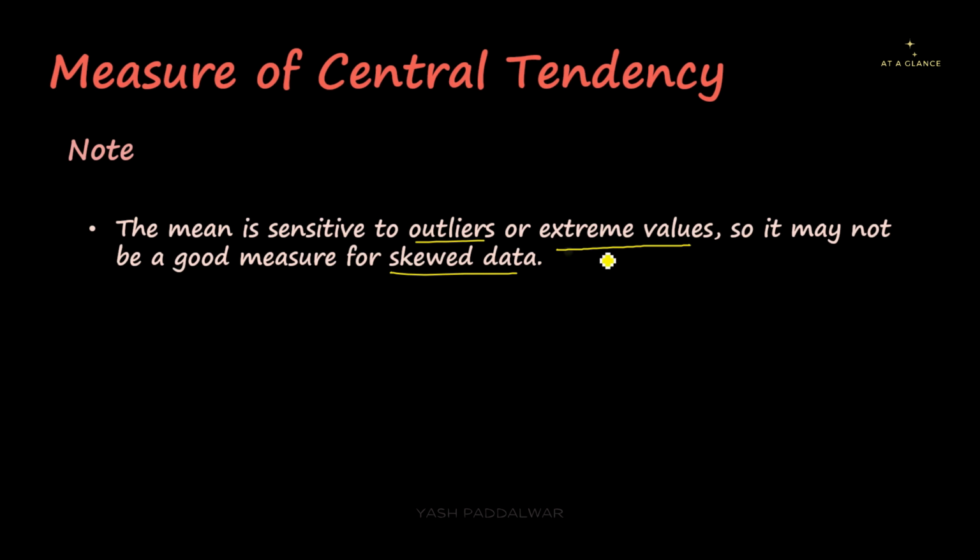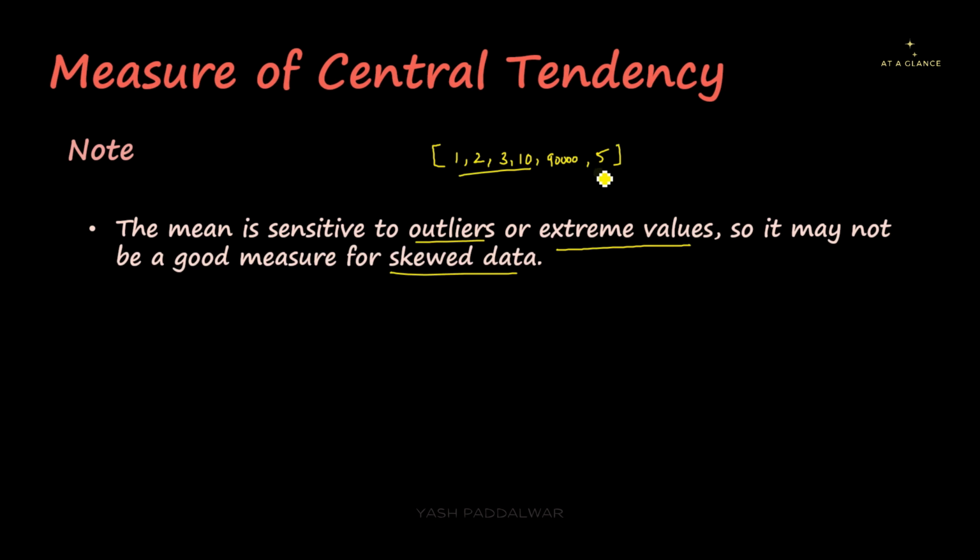Yes, I can understand there are many terms which are new to you. The first term is outliers. So what exactly are these outliers? For now, just understand that in a given set of data points, an outlier is a point which is behaving differently from the others. For example, if we have data points like 1, 2, 3, 10, and let's say 5, and in this set we get one value which is extremely different from the others, for example 90,000.